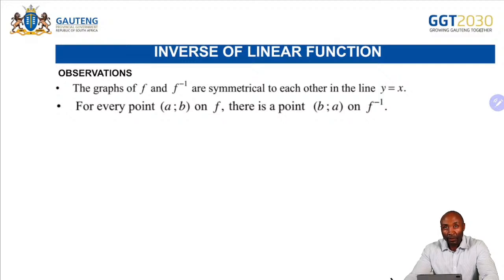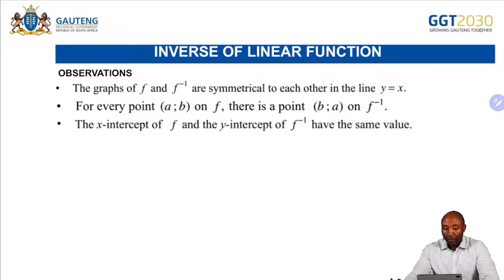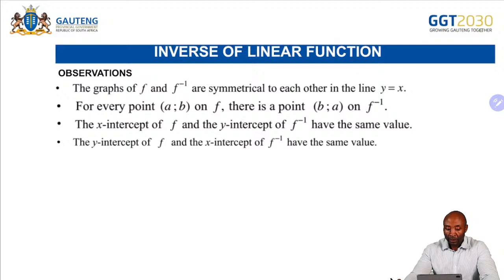The x becomes the y and the y becomes the x value there. We also noticed that the x-intercept of f becomes the y-intercept of f inverse, and the y-intercept of f becomes the x-intercept on f inverse.